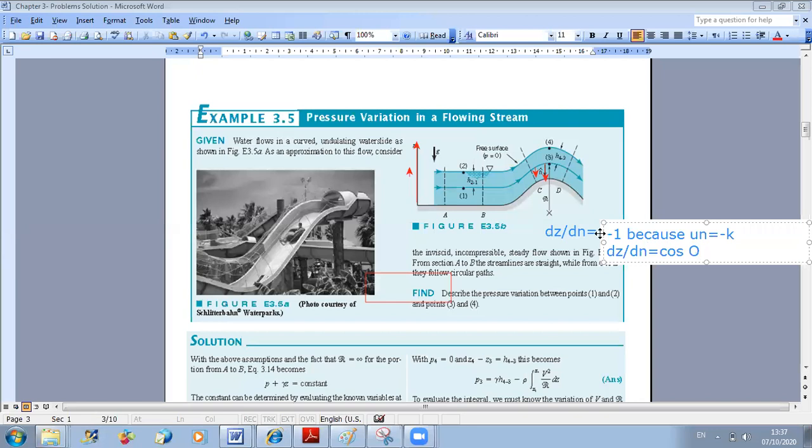The angle between k and un is 180 degrees, so this is cosine of 180, which is equal to minus 1. So you can replace dz by dn by minus 1 for this problem when you move between points 3 and 4.